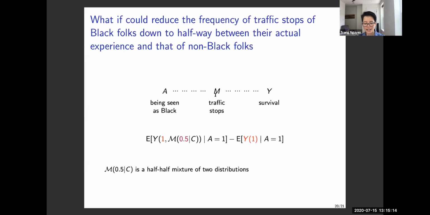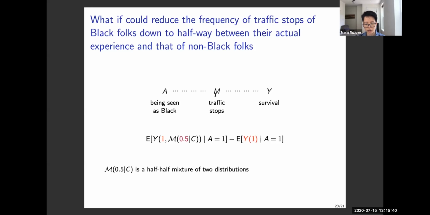And I have one last example to show the flexibility of the class of interventional effects. The question here is, what would be the effect on Black folks' survival in America if we could lower the frequency of traffic stops they experience down to halfway between the actual level and the level experienced by non-Black folks, everything else being equal?